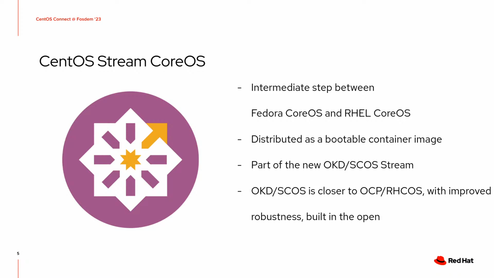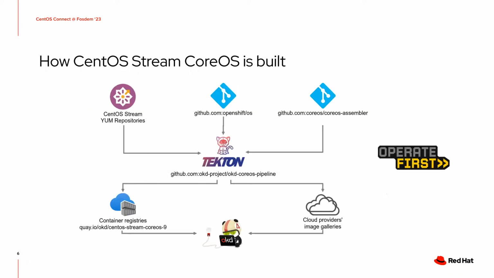CentOS Stream CoreOS is part of the OKD SCOS stream, but it's also usable as a standalone operating system. SCOS is closer to RCOS, which is RHEL CoreOS, than FCOS, so we expect improved robustness with that. It is built entirely out in the open on Operate First, which is another super cool project run by the Office of the CTO at Red Hat.